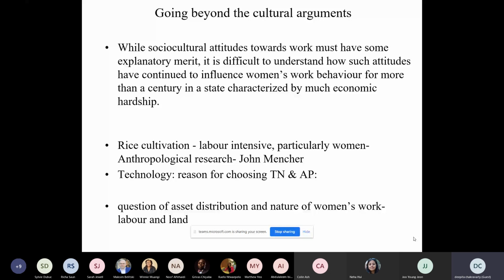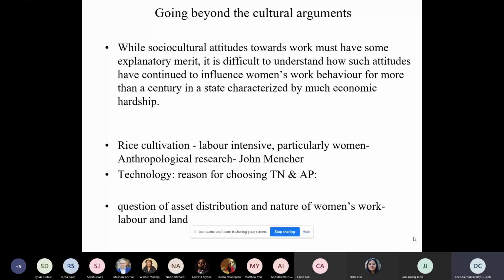So keeping this in mind, I started looking at the other states a bit closely: what kind of economic factors can explain this sustenance of the cultural practices over a period of time. Now, this question becomes even more intriguing because West Bengal is one of the major rice cultivating states of India.